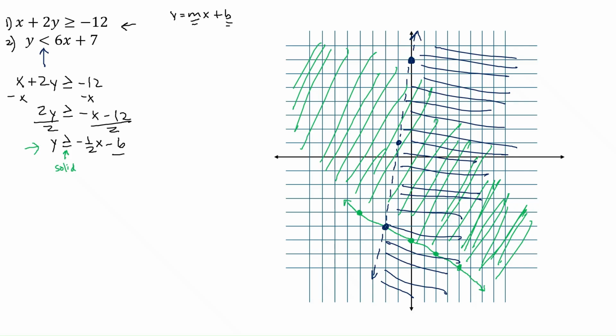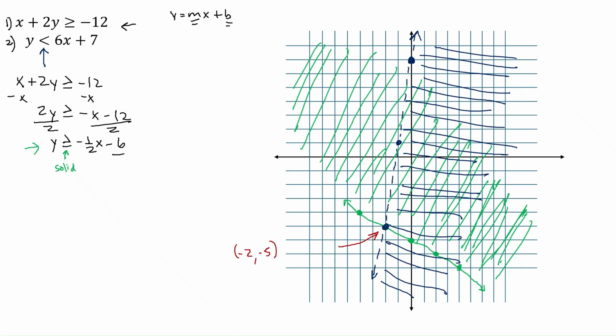Now, so the solution, we see two things here. You have a solution to the system of equations. If you look here, that's the point where they intersect, which is, what's that? Negative 2, 1, 2, 3, 4, 5. So that's like negative 2, negative 5.